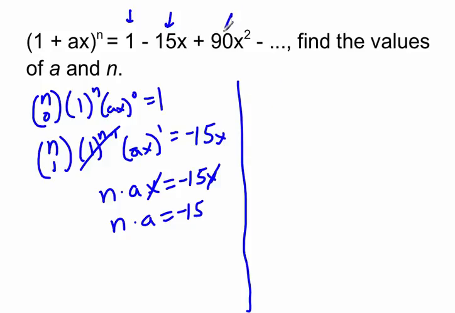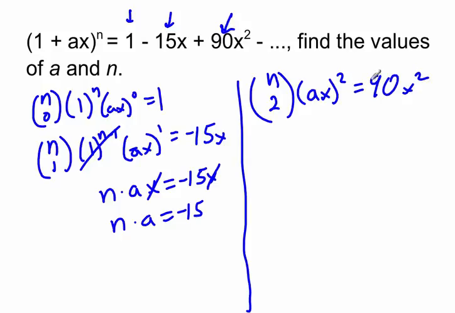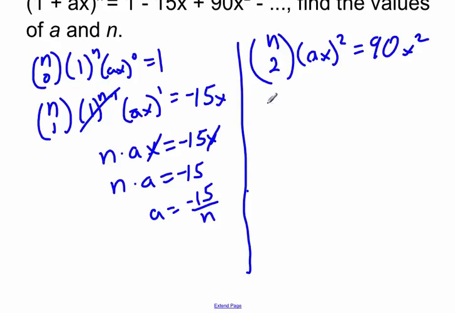So let's look at this term right here. Okay, we're going to have n choose 2. Don't need the 1 term, because that's just going to be 1. ax to the power of 2 equals 90x squared. Okay, so we're going to get n factorial over (n minus 2) factorial times 2 factorial.